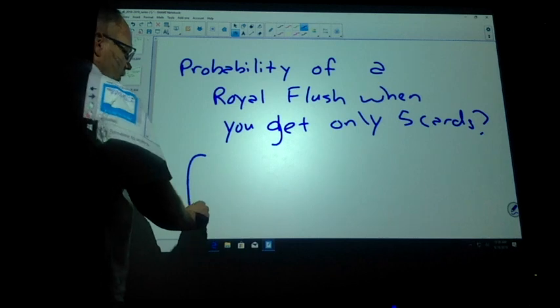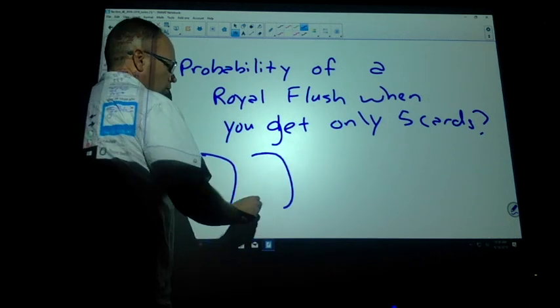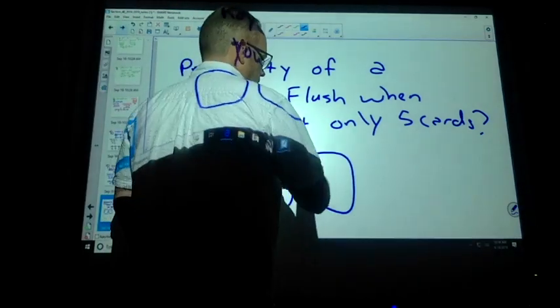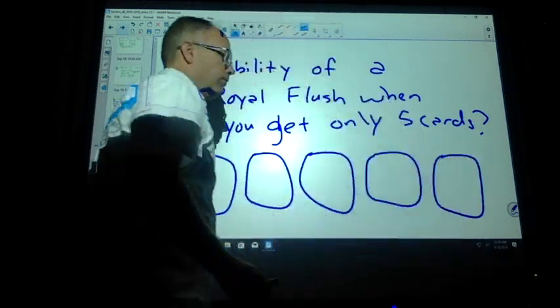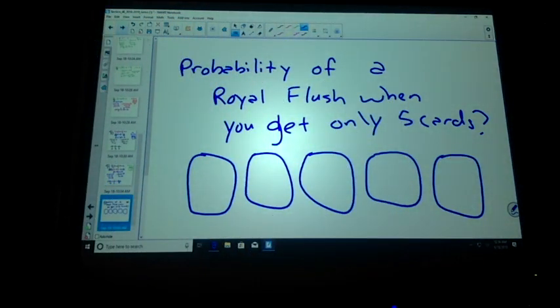So we're getting 5 cards. These are supposed to represent cards. All right, first thing we have to think about. We have 52 cards in a deck of cards. Still with me?